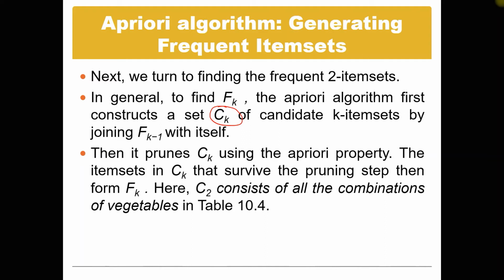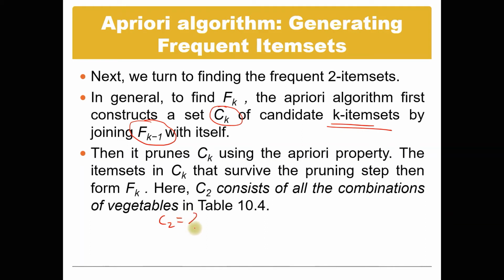All right. And to be able to determine what are these possible two item sets that we have, we can do it by joining F1, F k minus 1, with itself. What is our interest here? Our interest is to get C2, not F2, not yet F2. We are talking about C2 for the time being.